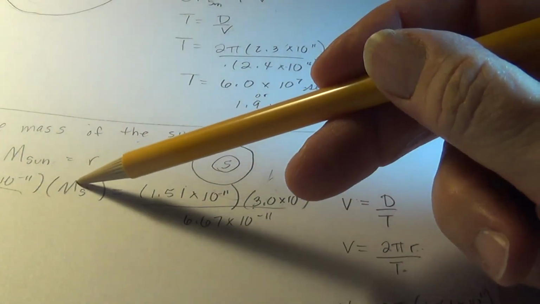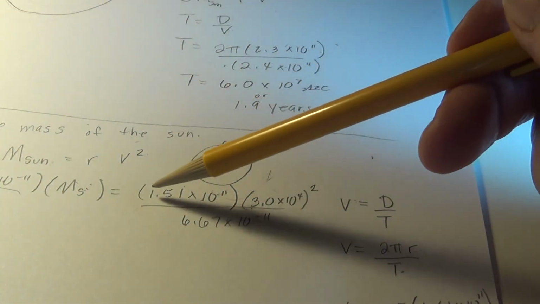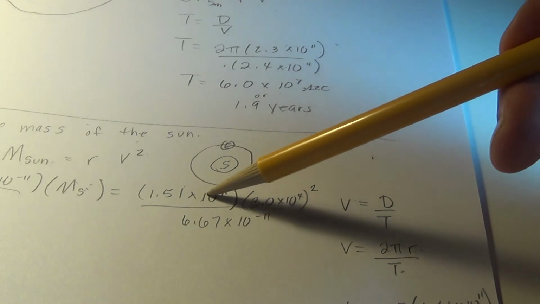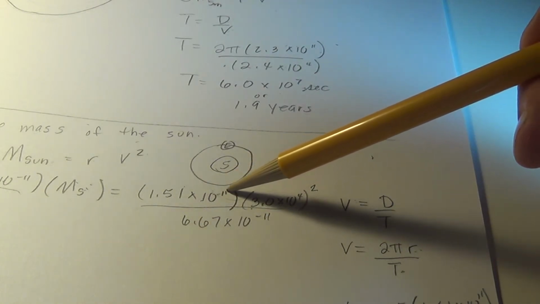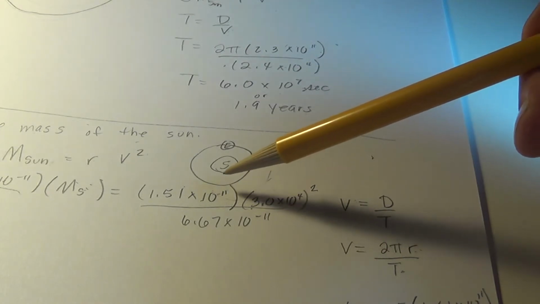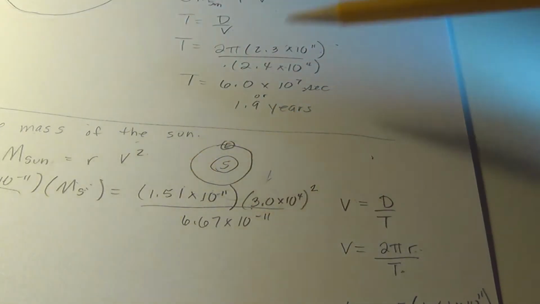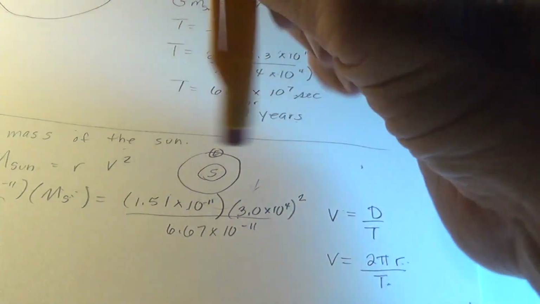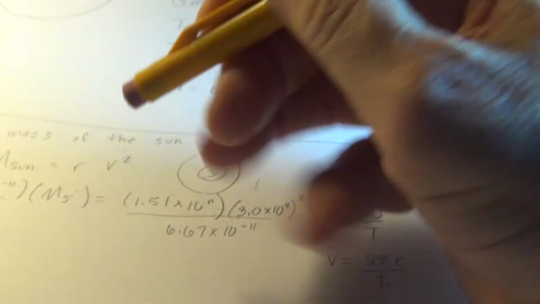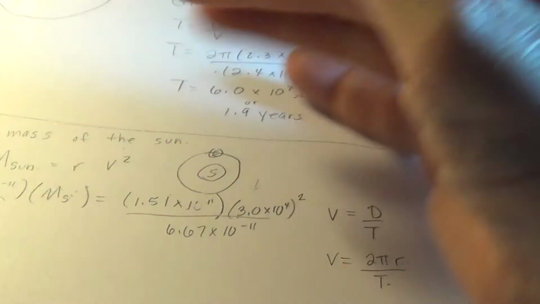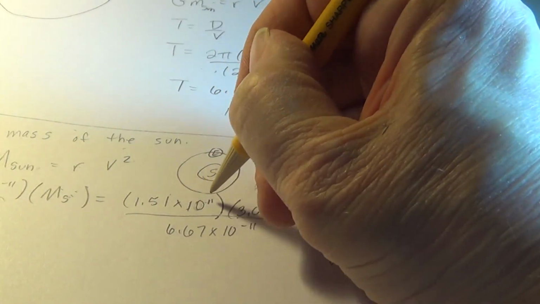So now, to find the mass of the sun, I plug in 1.51 times 10 to the negative... that wasn't negative, was it? I can't read my own writing. It's 1.51 times 10 to the 11th. I have a little mark there, but I think it was just something that didn't get erased totally. It wouldn't be negative 11.